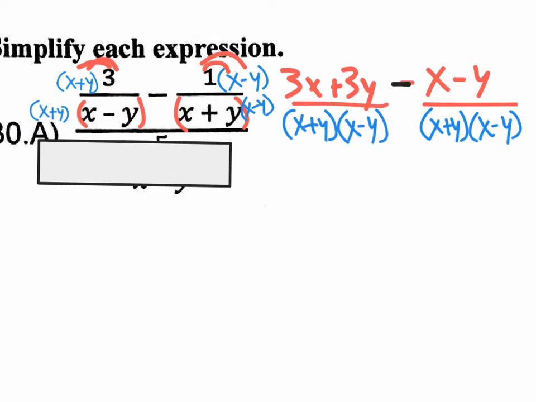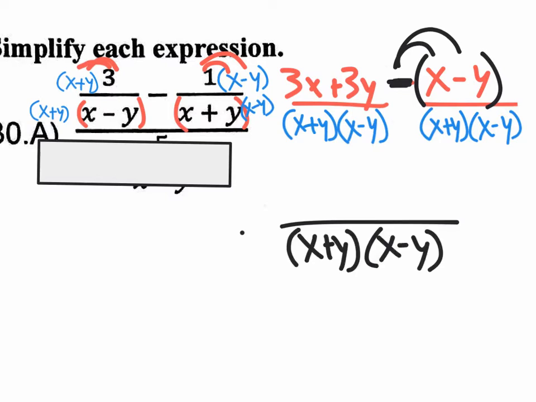Now keep in mind that there is this minus sign between the two fractions, which means that if you have a binomial over here, which you do, you have to actually distribute that minus sign when you combine the numerators. So we know that our answer is going to be over the common denominator, x plus y, x minus y. But what we need to do now is just combine like terms. So I have 3x, and that's going to be take away x. What's 3x take away x?